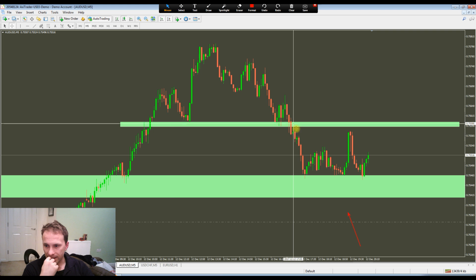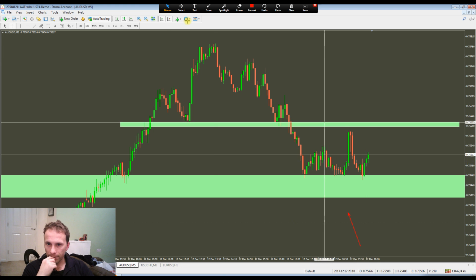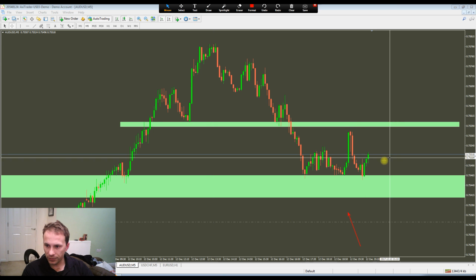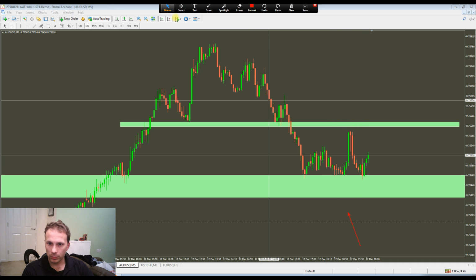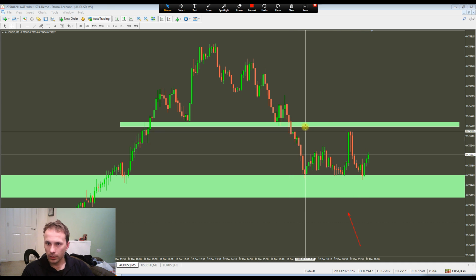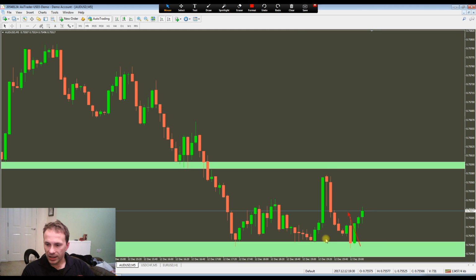But looking at a 30-minute trade, looking at the last time the price bounced off this zone was here. There's an engulf. Let me get rid of that. We can see the last time the price bounced off that zone was here.